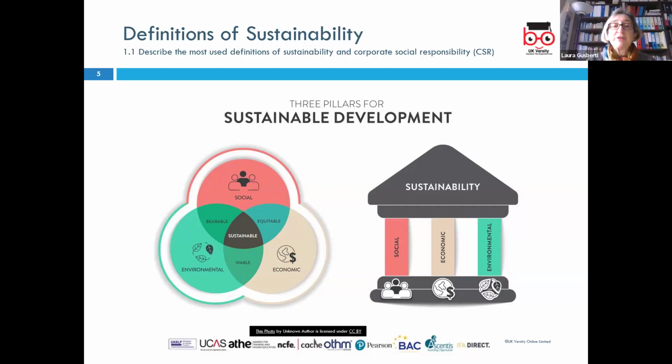You can also see that if only two of them overlap, for example if the development is environmentally and socially sustainable, we arrive at a bearable condition, and we reach equitable conditions when social and economic development interact. But we really need the three areas to overlap so that our society grows towards an environmentally, socially, and economically sustainable society. All three areas are important.